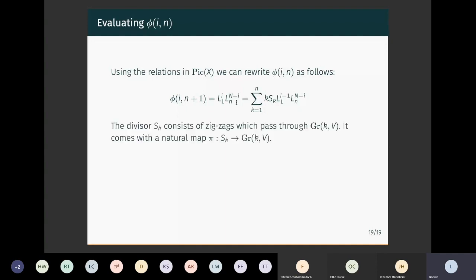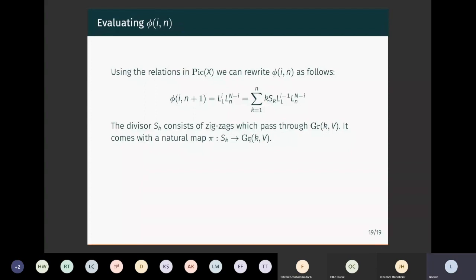The reason is that the divisor Sk has a very nice description in terms of the first moduli problem. If you remember, I described my variety X as a space of stable maps, and points of X were zigzags of C-star orbits. Sk contains exactly the zigzags which pass through the Grassmannian Gr(k,V). So it has a very precise definition, and in particular it comes with a natural projection to Gr(k,V).